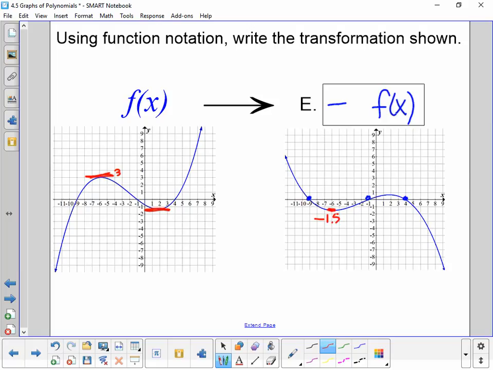And here it was a little more than -1 for its minimum, and now it's not quite -1. It's more like about a half. So hopefully you can see from these numbers that this is half of f of x, and it's reflected, so -1/2 f of x.